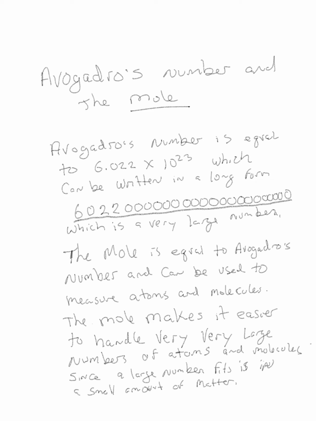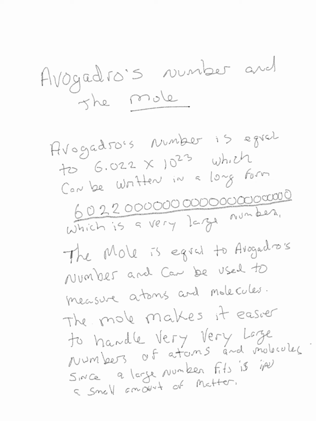And a mole is a unit. You can have a mole of anything. You could have a mole of hamburgers, pennies, whatever it is. But in chemistry, we use the mole to measure atoms and molecules. Why? Because it makes it easier to handle molecules and atoms, because they're very tiny.